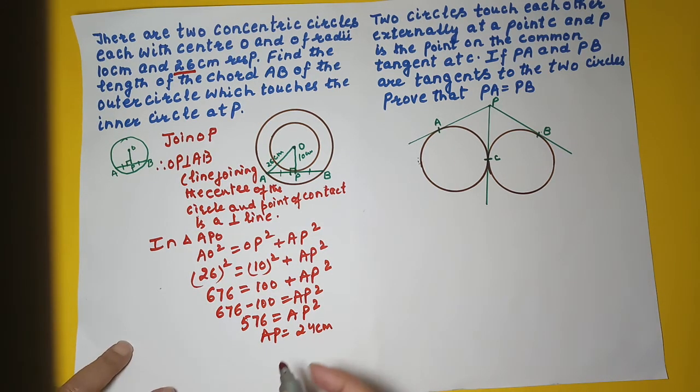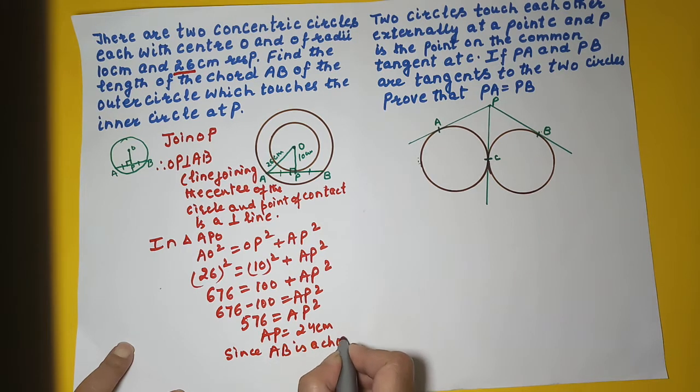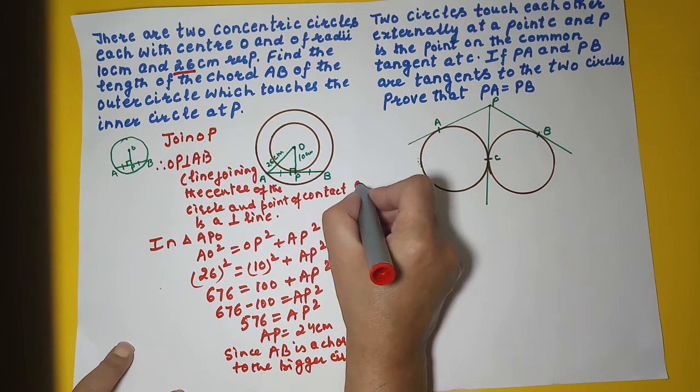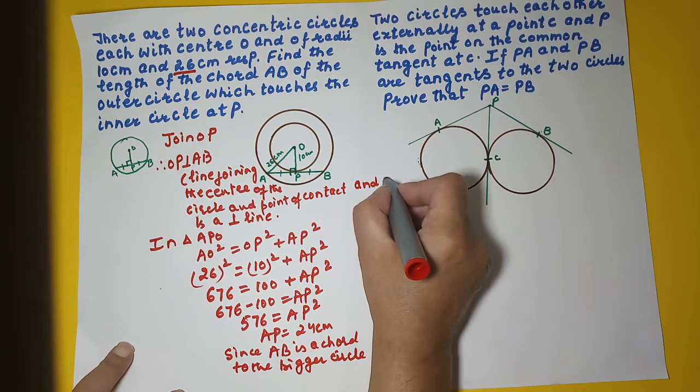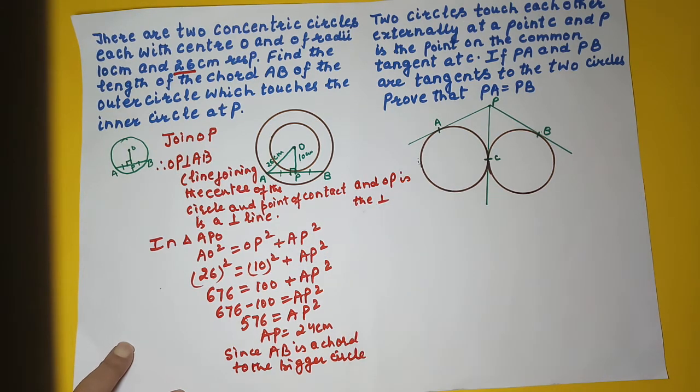Now you can say that since AB is a chord to the bigger circle and OP is the perpendicular.